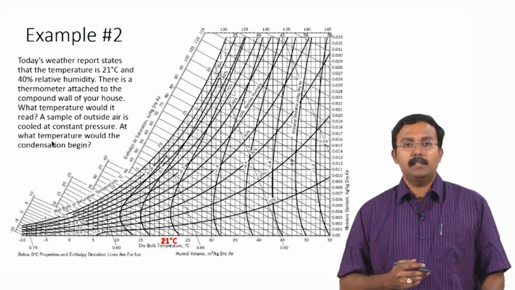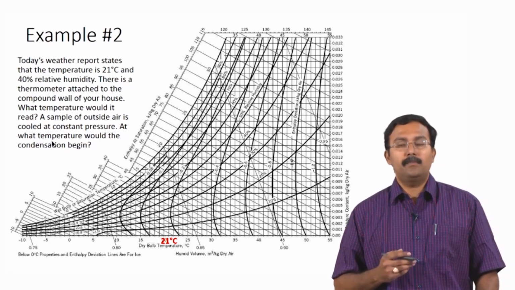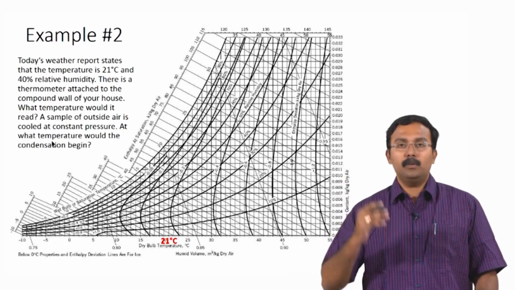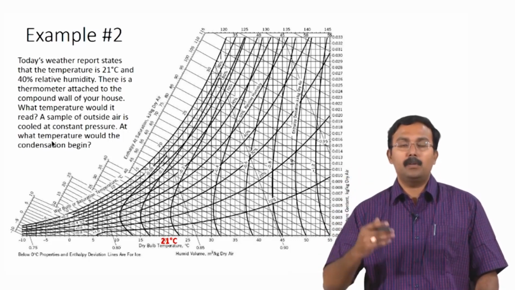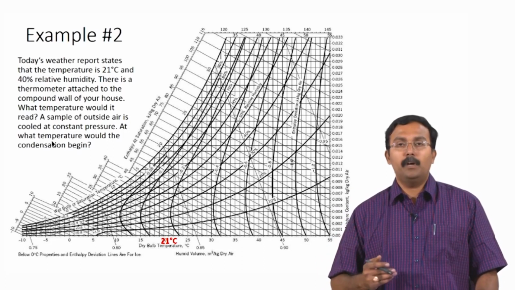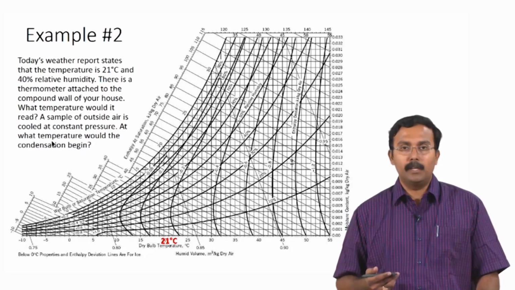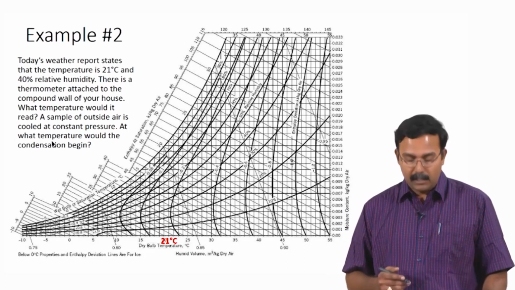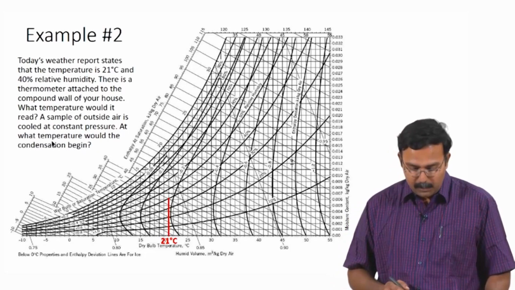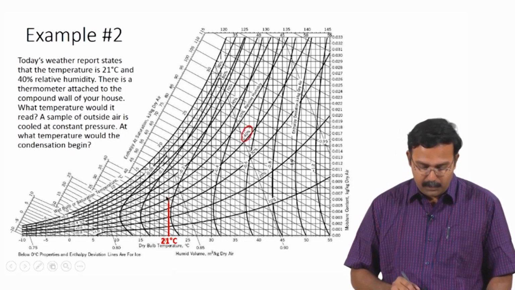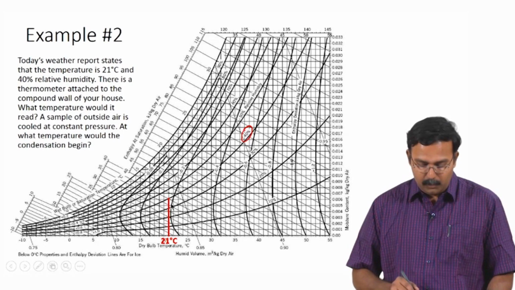The next aspect is we have been asked to identify at what point the condensation would begin if we were to cool this temperature. So, if I were to keep cooling this air, at what point will the first dew start forming? That would happen at the dew point. I know it is 21 degrees Celsius and 40% relative humidity. So, this is the 40% relative humidity curve. I have identified the point here and drawn a line to that point.